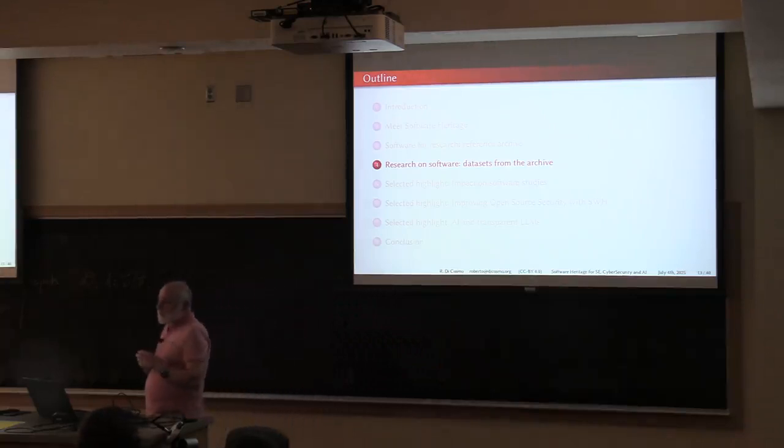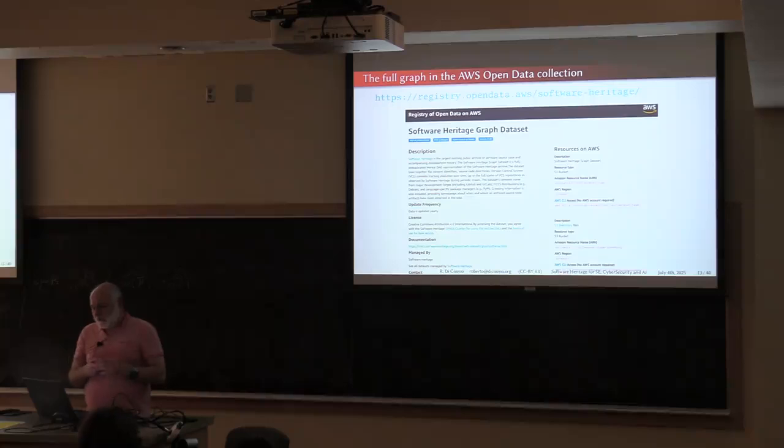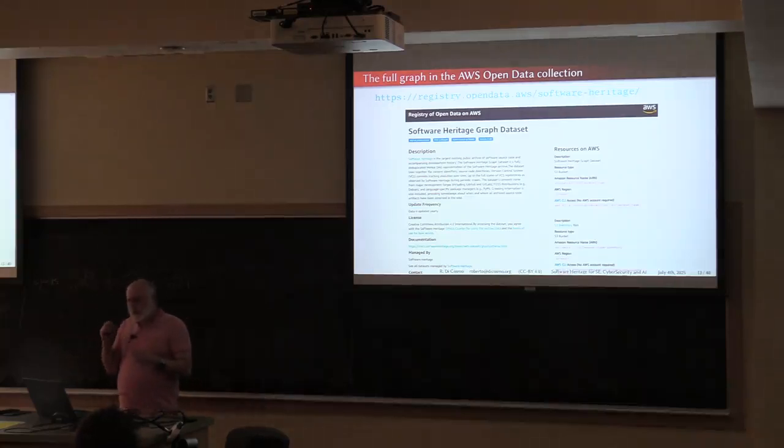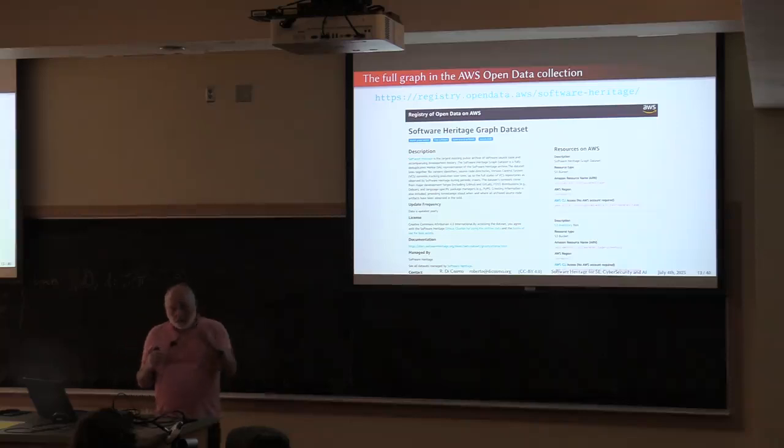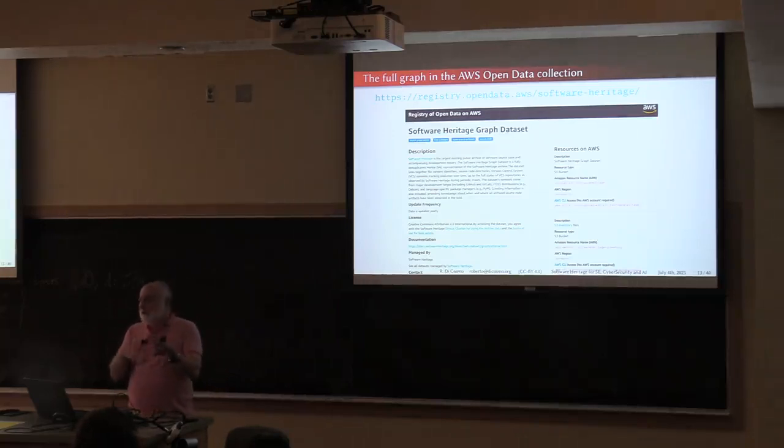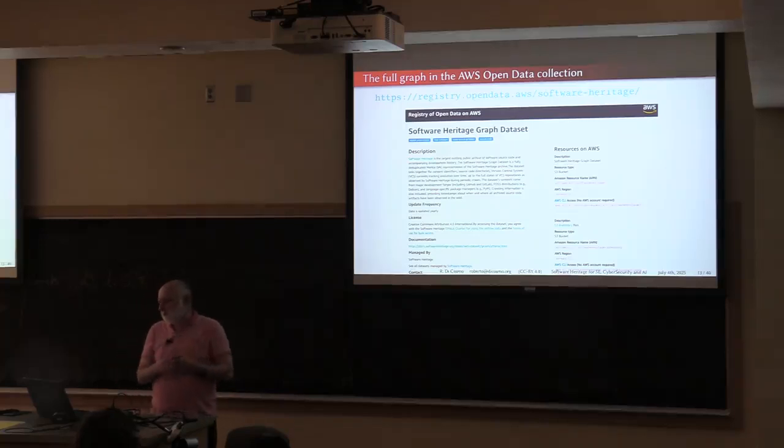So let's start looking at the data sets that you can get from the archive. What happens is that for a few years we have regularly been putting on AWS, in the Open Data collection, a dump of the graph content, systematically every year, then every 6 months, and now we are doing it more or less every 3 months, depending on the sources.